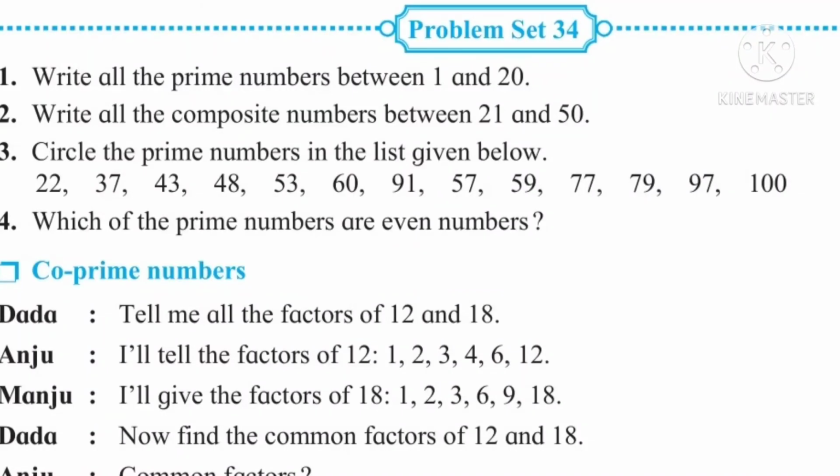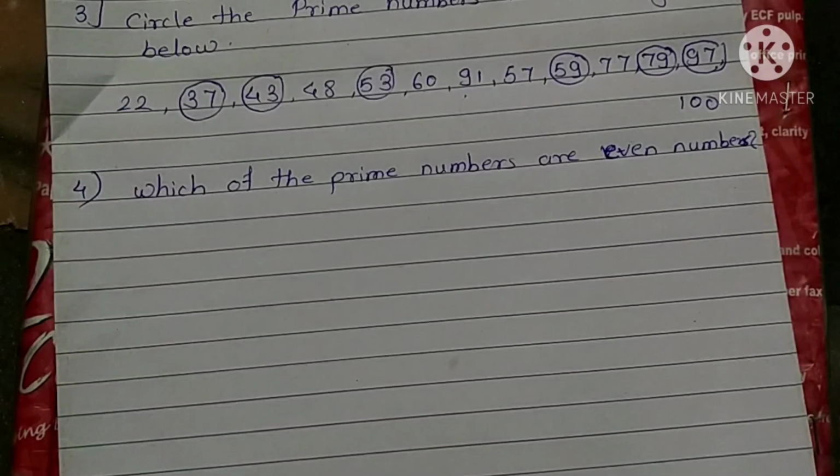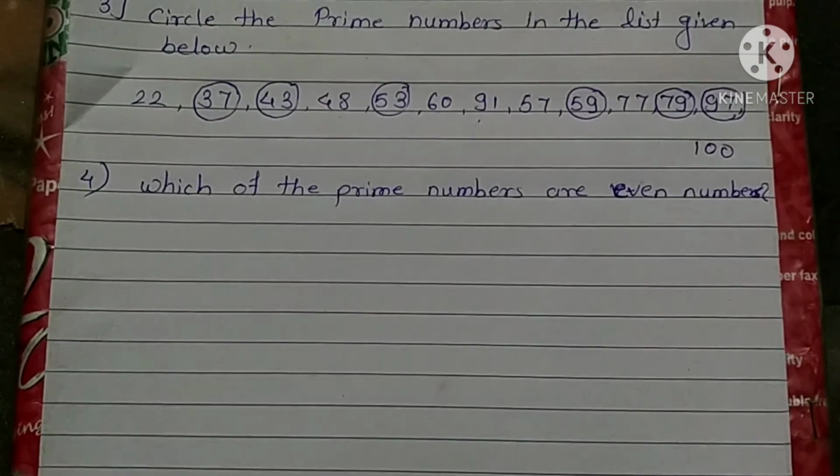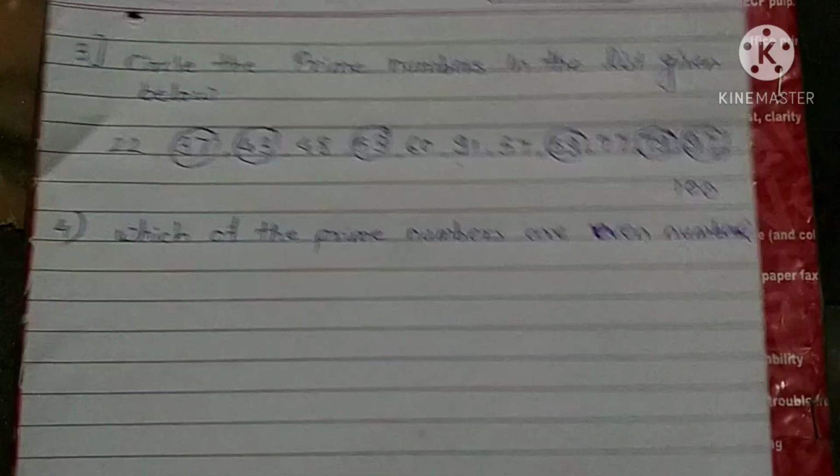Okay. Now see the fourth question. Which of the prime numbers are even numbers? Means a number which is prime and also even. Everyone think about it. Which are the numbers which are prime and even? So one number is there which is prime and it is also an even number.